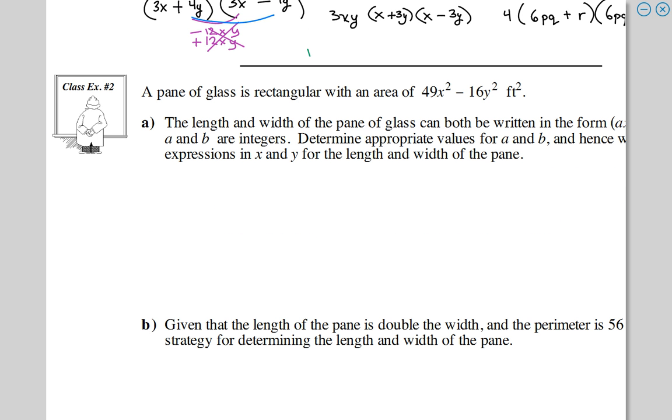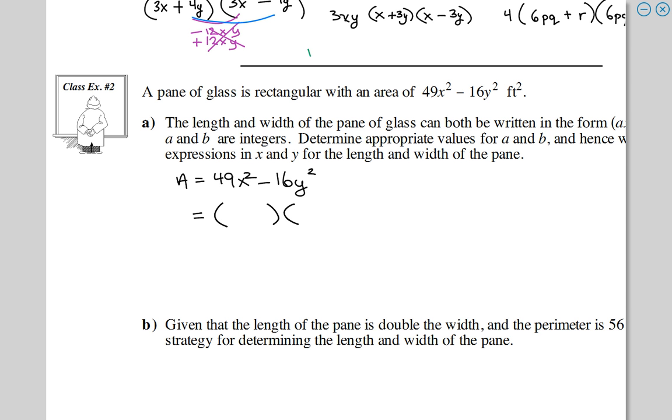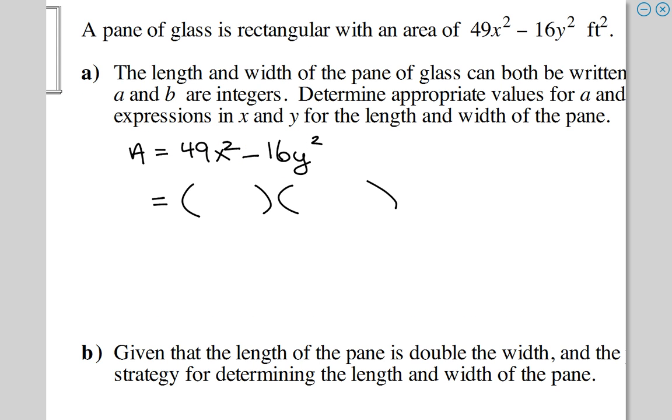So if we were to factor that thing up there, area equals, I'm just going to rewrite it. And then I'm going to factor it. 7 for sure. 7x. And then the other one will be 4y. Good. One's plus, one's minus. And you can think of these as like a length times a width.